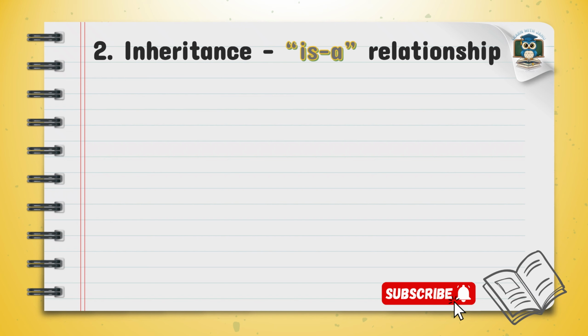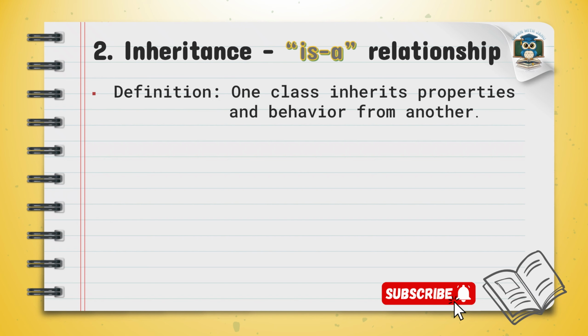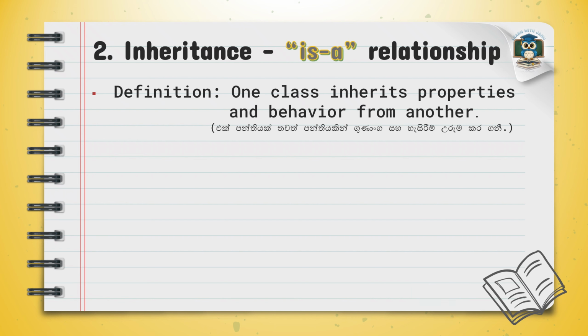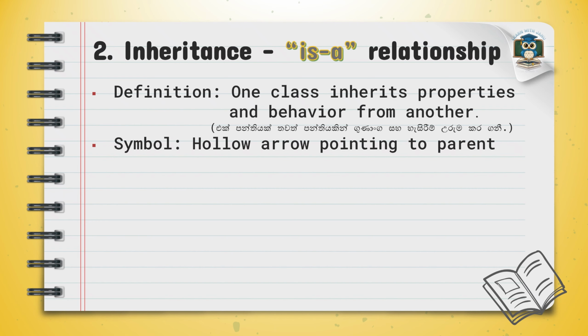So let's see the next relationship. It is inheritance. We can call it an IS-A relationship. The definition of the inheritance relationship is that one class inherits properties and behaviors from another class.